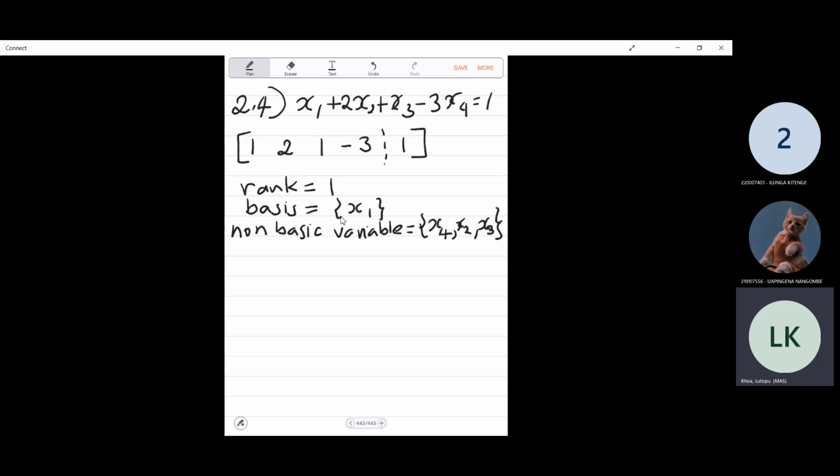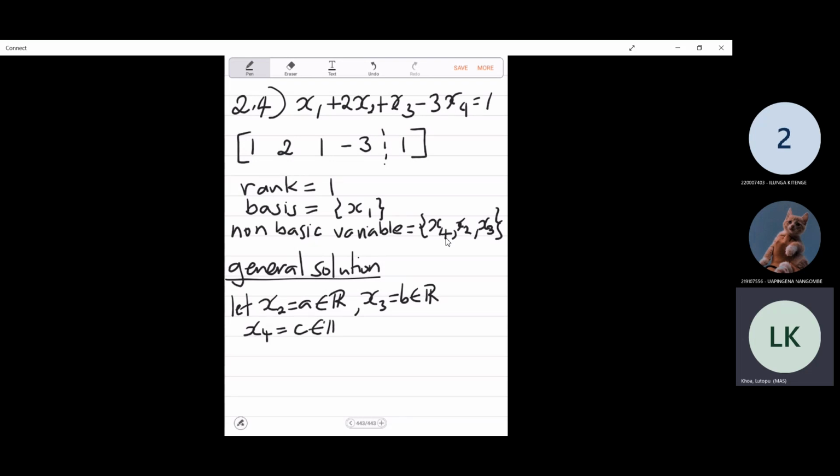Right, so when we want a general solution, to get a general solution, what we do is our non-basic variables, we equate them to constants. So we can say let x2 equal to a, where a is any real number, x3 is equal to b, which is again any real number, and then x4 is equal to c, which is any real number.